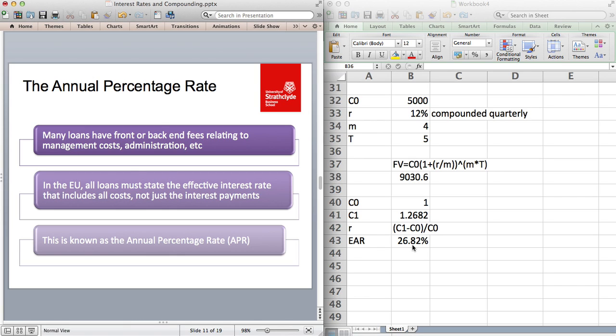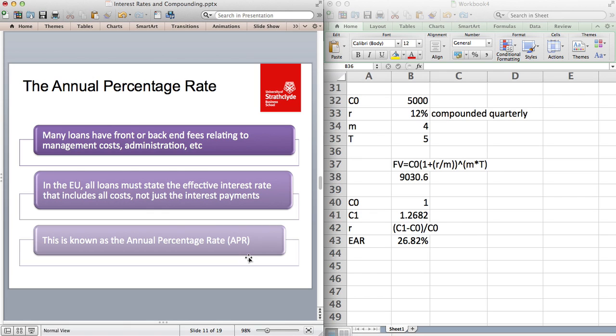But it's a rate that allows anyone to work out the effective annual rate, and the term that is used is annual percentage rate. Now I'm just going to give you one warning here. If you've got a US textbook, the annual percentage rate is a different definition and it's a different formula. So be careful if you're in Europe and you're reading this and listening to this video.